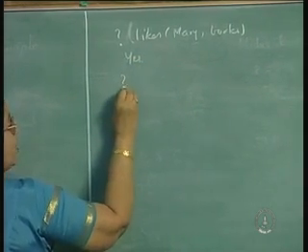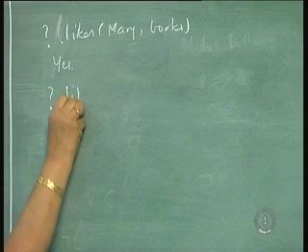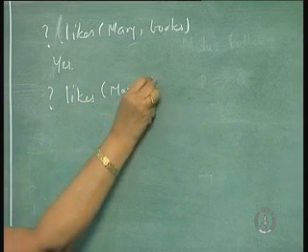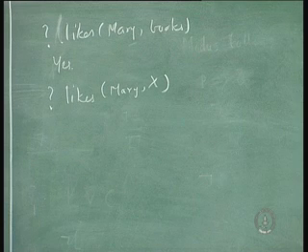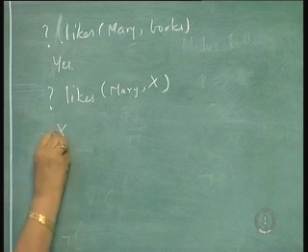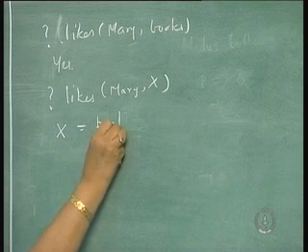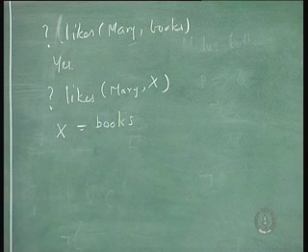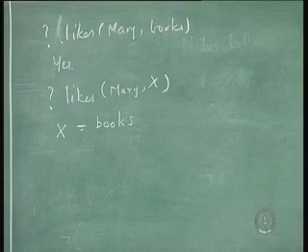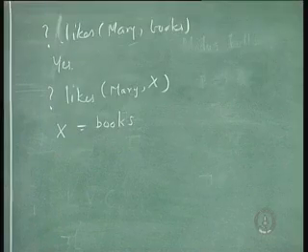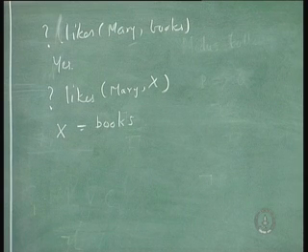Or if you ask questions like likes Mary X, meaning what does Mary like, then it will say X is equal to books. It depends on which one you have given as the first one. So, if you have given this before this fact, then it will say this.